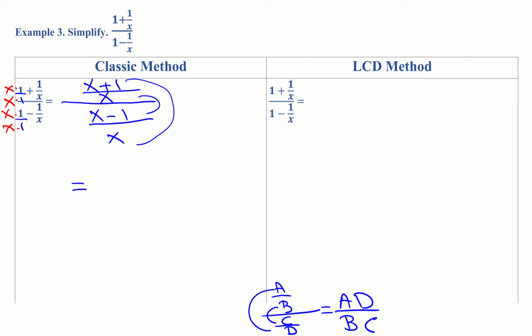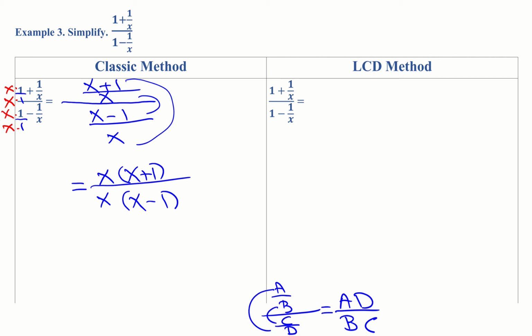We end up with x plus 1 times x. Remember, it's a little nicer looking if we write the monomial first, so I'll write it as x times x plus 1. Same thing, of course. Down below, we get x times x minus 1, this inner product, remember? So x times x minus 1.